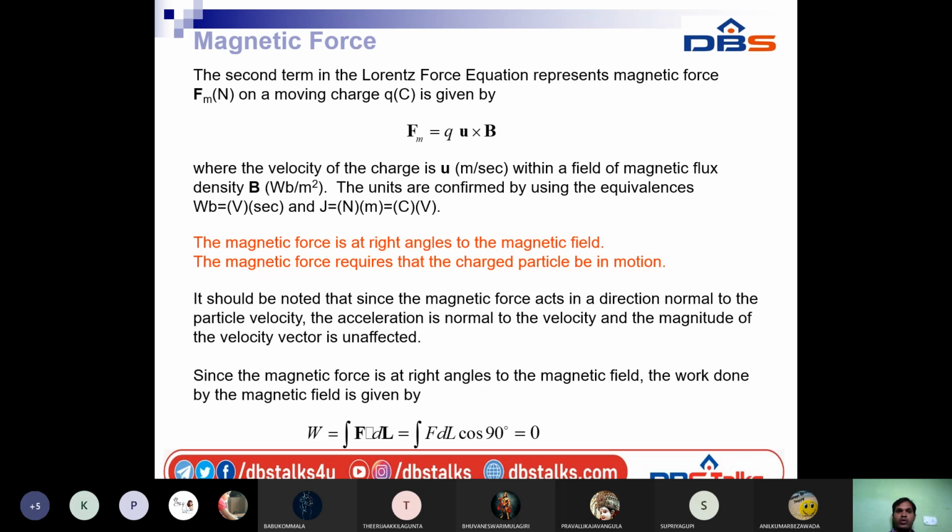The second term of the Lorentz force equation represents the magnetic force, denoted by F suffix M. For a moving charge Q, it is given by F suffix M equals Q into U bar cross B bar, where U is the velocity and B is the magnetic flux density. Up to this, clear?